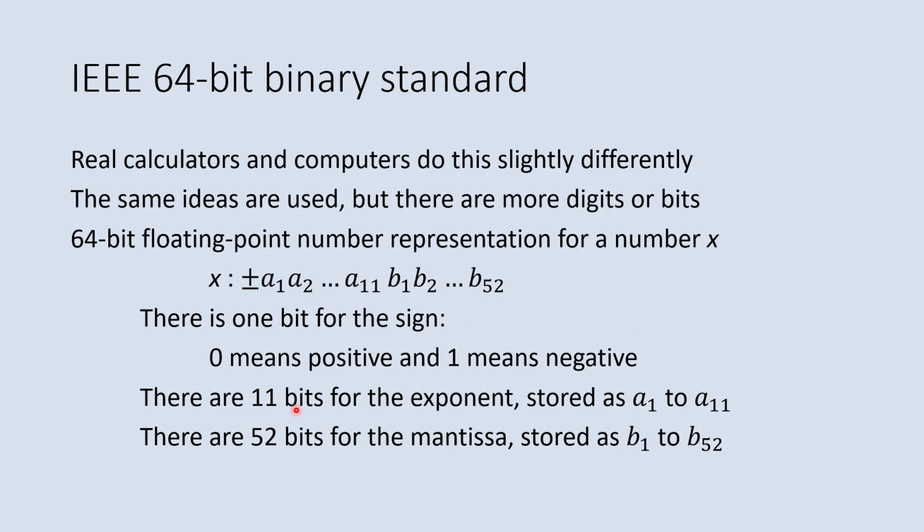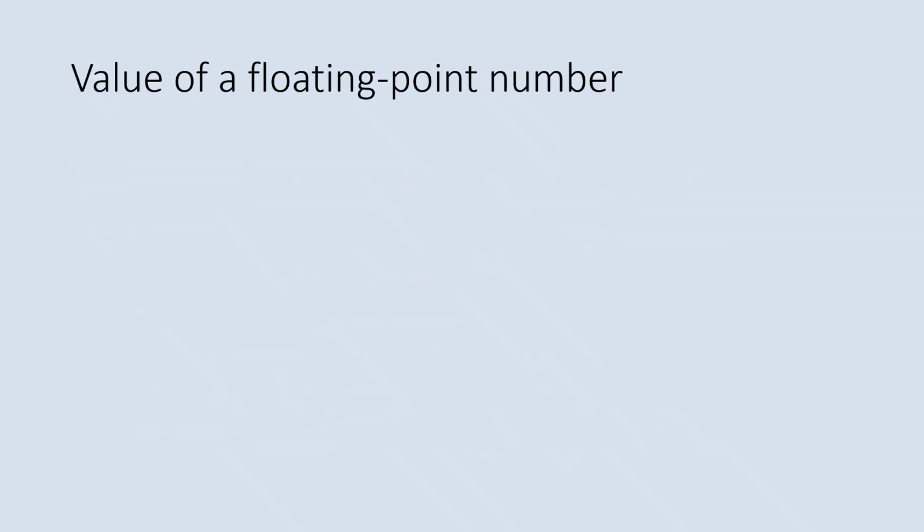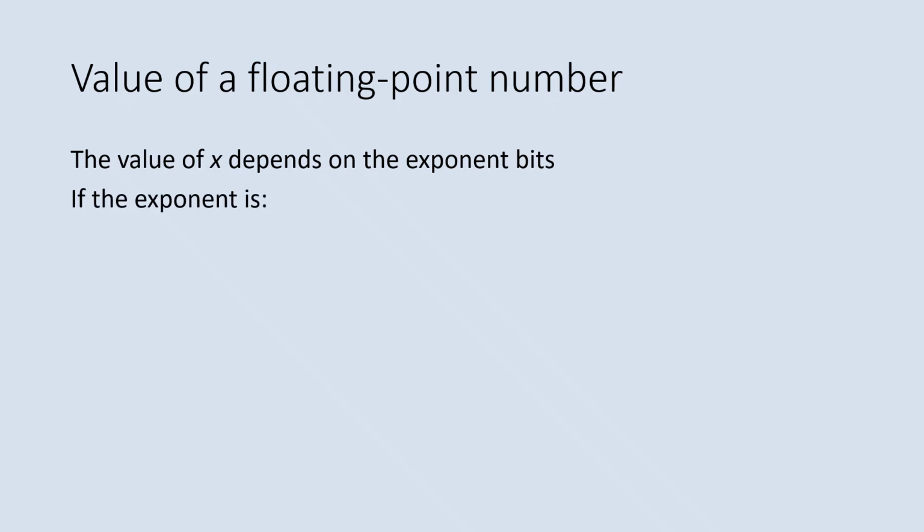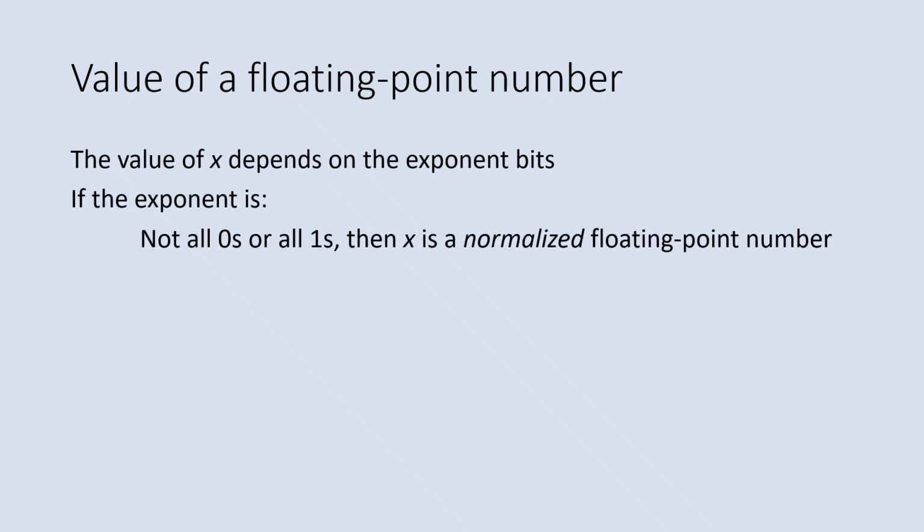Okay, but describing a number in this way isn't very helpful unless we can then calculate what that number is, or the meaning of this binary value that we've created. So the value of x depends on the exponent portion, the A1 to A11 part. If they're not all zeros or all ones in those 11 spots, then we have what is called a normalized floating point number.